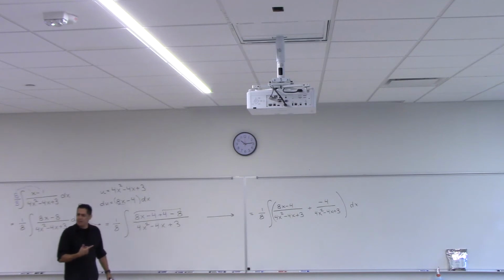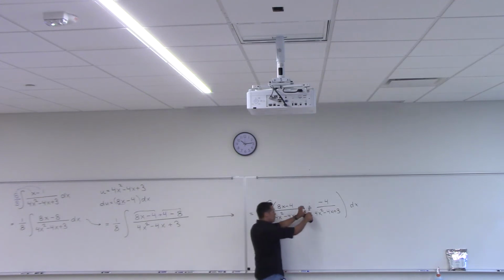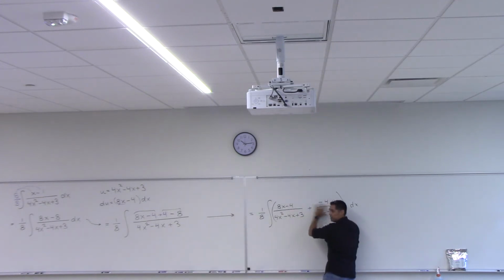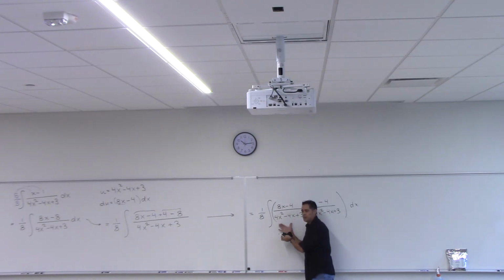Why did I do this? Do y'all see why I did this? This one right here now, by itself, right? Because I've separated this and there's a plus between them, I can do these individually, right? This one right here is what I hoped it was from the beginning, right? It's just 1 over u du. This is going to be super easy to do. Do y'all see that?